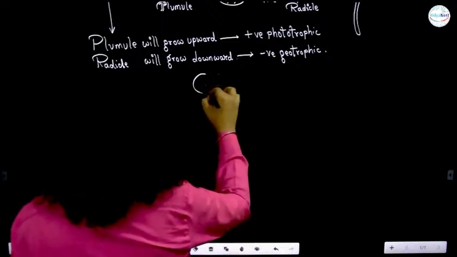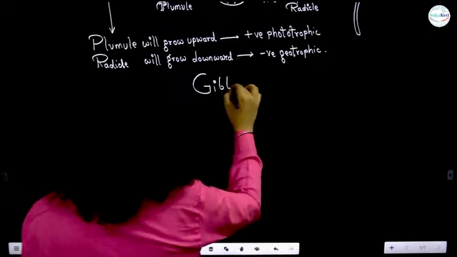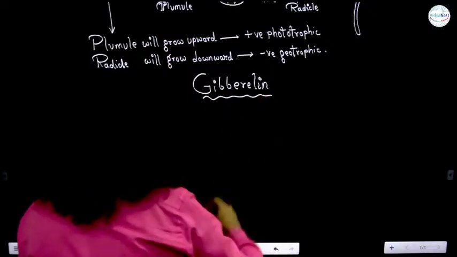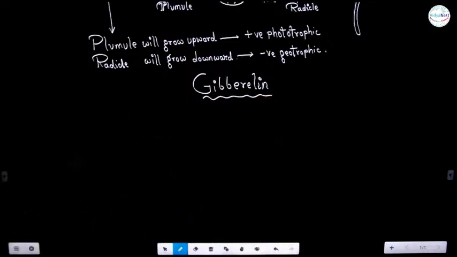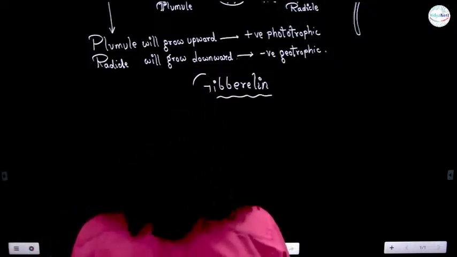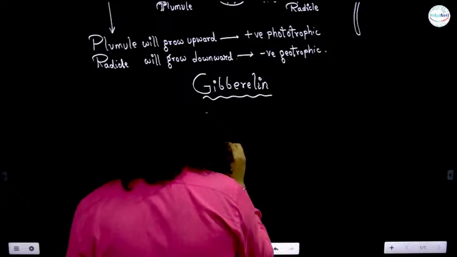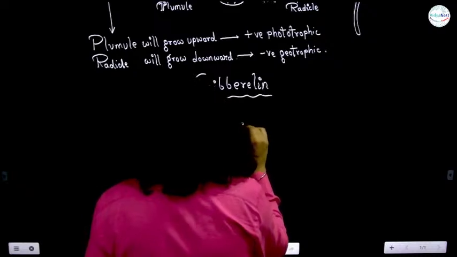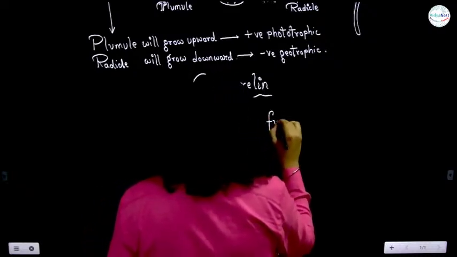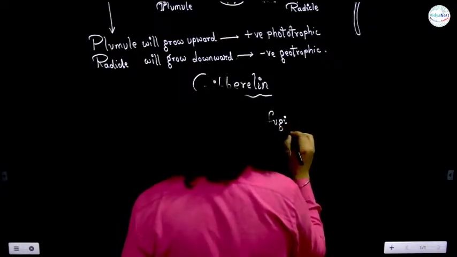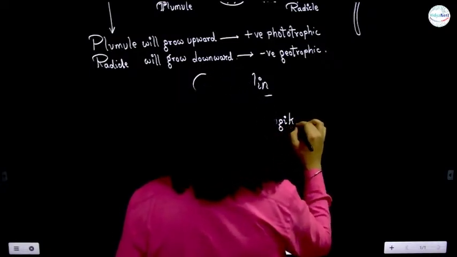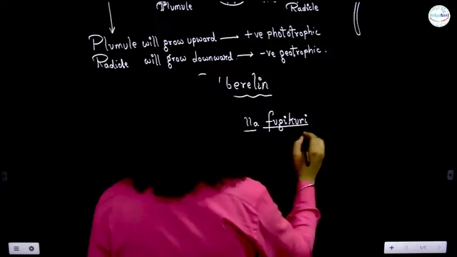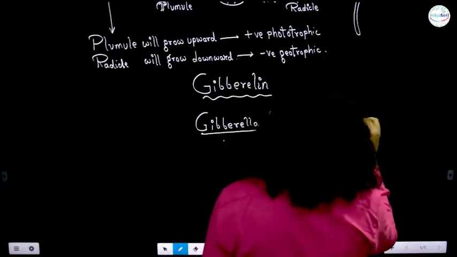Coming to gibberellin. Now, this gibberellin was first discovered from a fungus that is known as Gibberella fujikuroi.